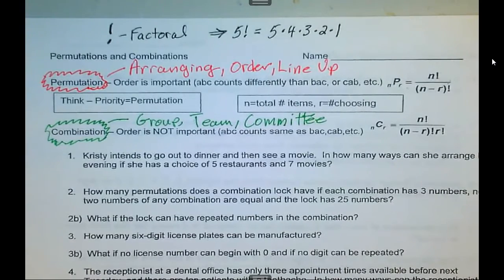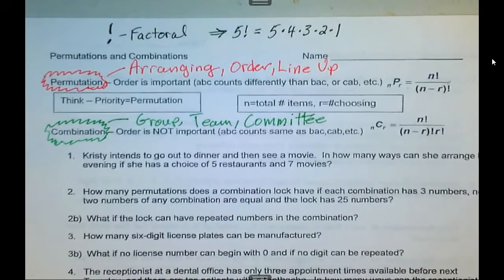It's like I'm going to take 3 clubs out of 13 clubs. That action of the 3 clubs.